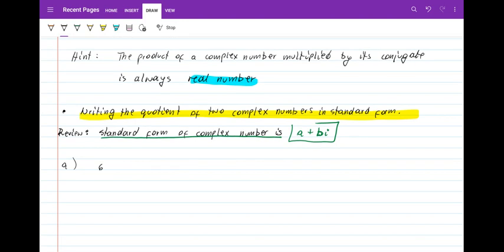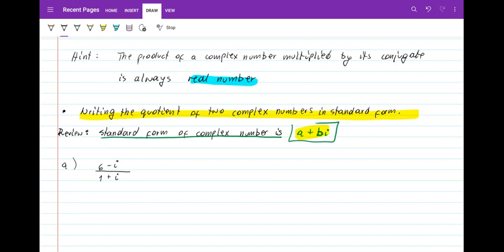So we have 6 minus i divided by 1 plus i. We have a quotient of two complex numbers. We need to leave the solution not as a fraction, but in standard form. So how do you always do those problems?